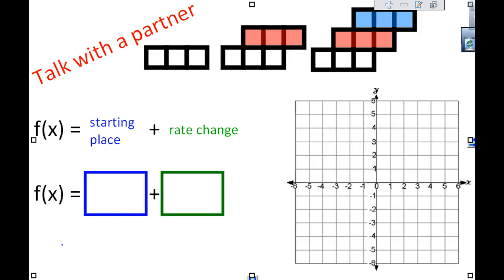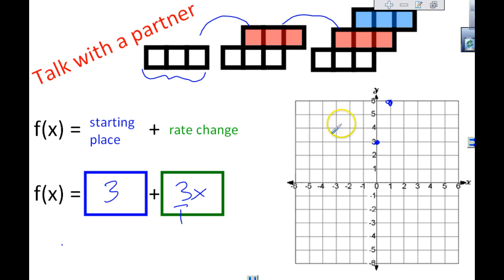Most of you walking around, you see that we started off with 3. So that's the beginning. We added 3 more each time. So 3x, and if we went to graph that, start at 3 and go up 3 over 1. And it actually goes off the graph.